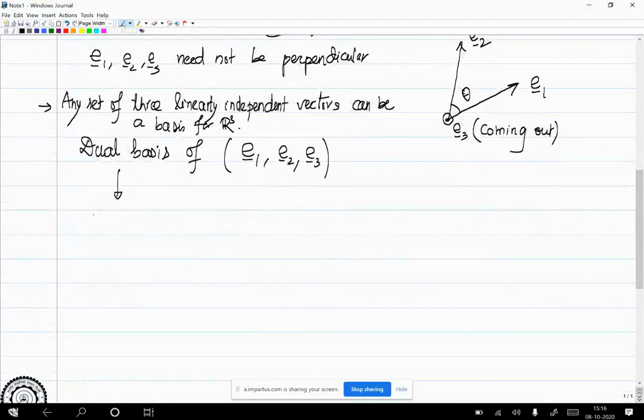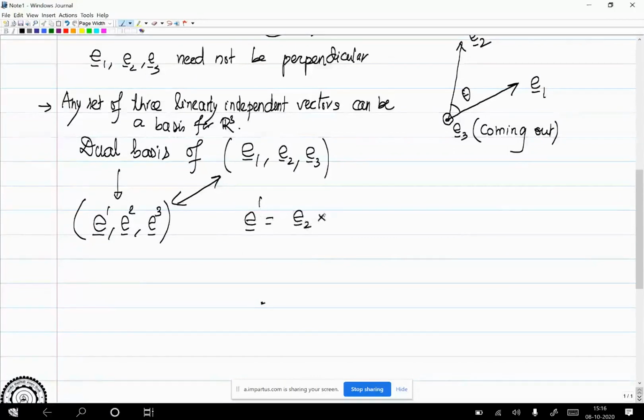So the dual basis has also got three vectors because it's also a basis. So it has also got three vectors denoted by E super 1, E super 2, and E super 3. Okay, and how are these superscripts and subscripts related? It is given by the following formula. E super 1, for example, is equal to E2 cross E3 divided by E1 dot E2 cross E3.